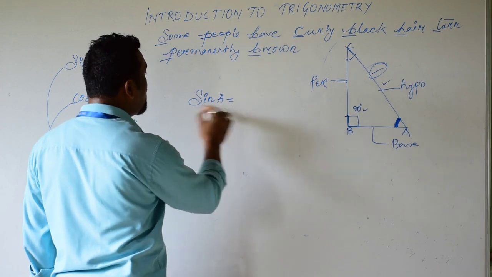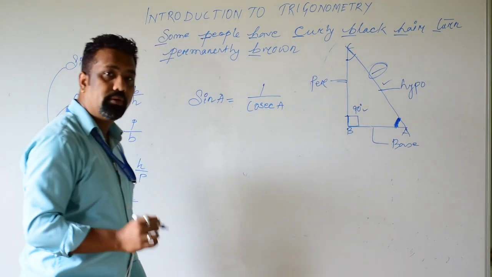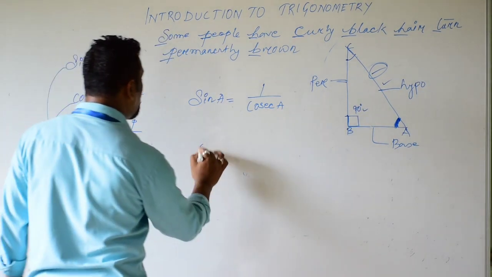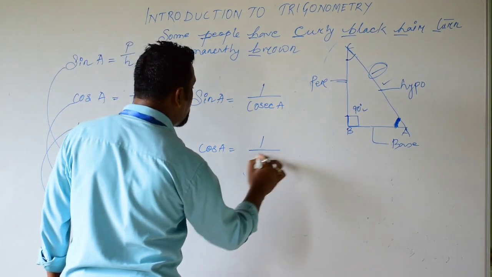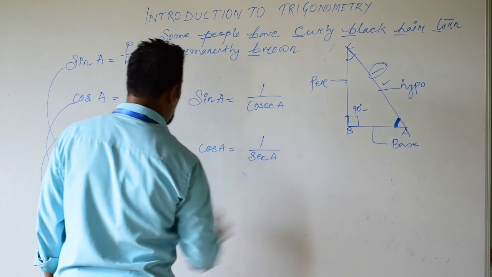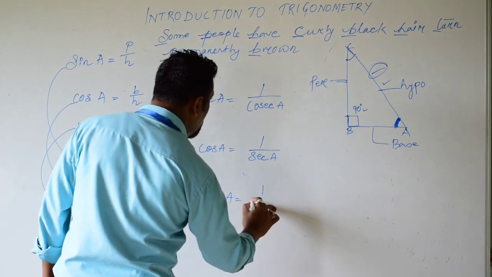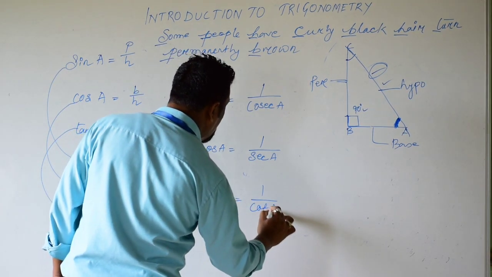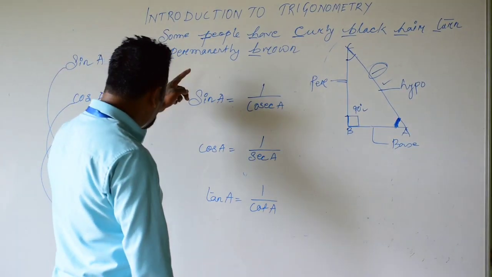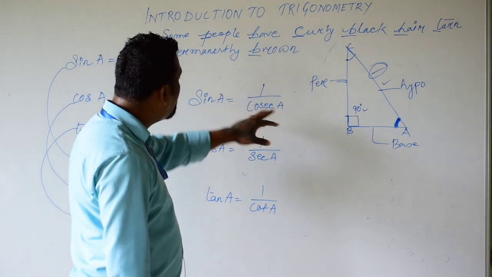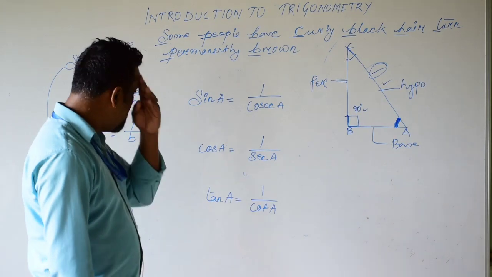Let's talk about A only: sine A is 1 by cosec A. Then cos A is related with sec, so it will be written as 1 upon sec A. Then tan A is equal to 1 by cot A. So these are the 3. Now you have sine A is equal to 1 by cosec A, cos A is equal to 1 by sec A, tan A is equal to 1 by cot A.